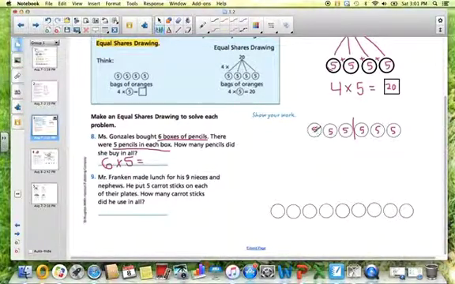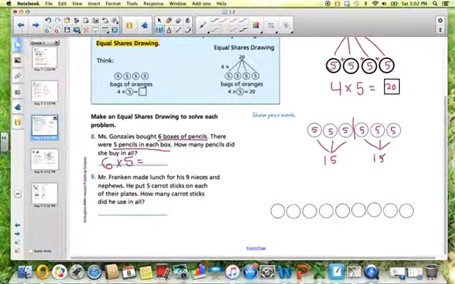So I know that 5 plus 5 plus 5, let's count by 5s. 5, 10, 15. So I know that these 3 5s are equal to 15. Then we'll do the same over here. 5, 10, 15. So I know that these 3 are equal to 15 because we're just adding them all together.